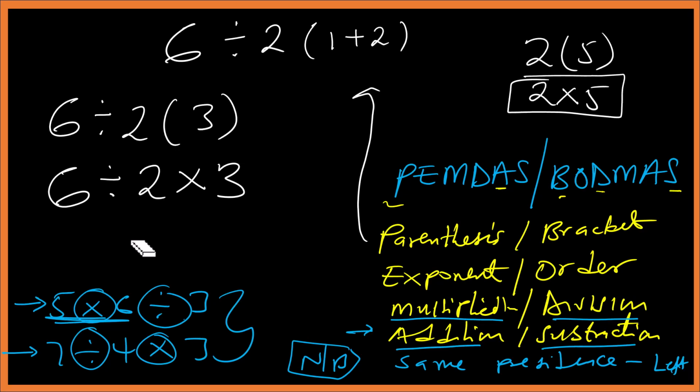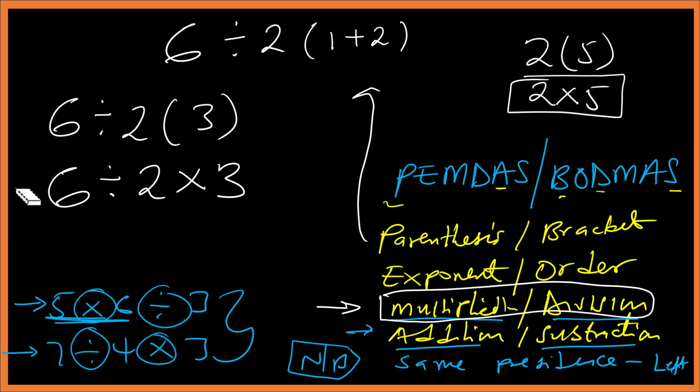Same incident just happened here. We have 2 orders of the same precedence. We have division here and we have multiplication. So we call this one 2 orders of the same precedence. When it happens this way, we start from the left of the expression.